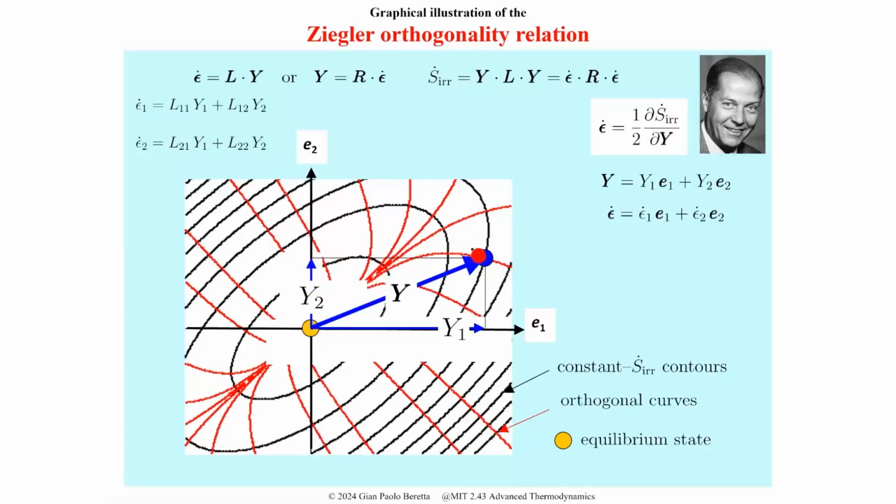Okay. Here, the rate of entropy production, so the quadratic form, has a certain value, different than 0. And these contour plots represent all other non-equilibrium states that have that same value of the entropy. As you move farther from equilibrium, the entropy goes up. As you go towards equilibrium, the entropy goes down.